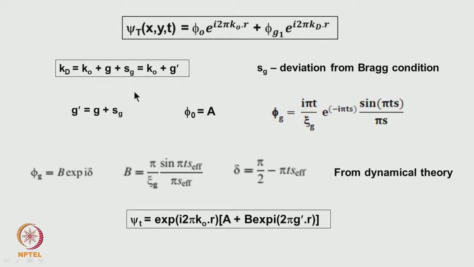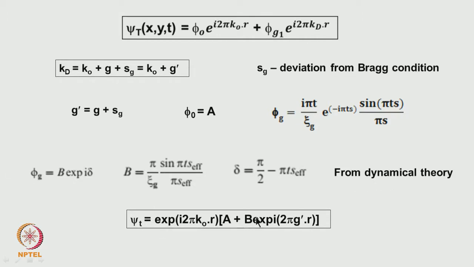Now, if you do these substitutions, this amplitude phi 0 we can write as A. For phi g, from the dynamical theory, this is the sort of expression which has been derived. Then phi g can be written as B, where B is going to be pi t by psi g, into this term, I into this one, written in the form of a delta.